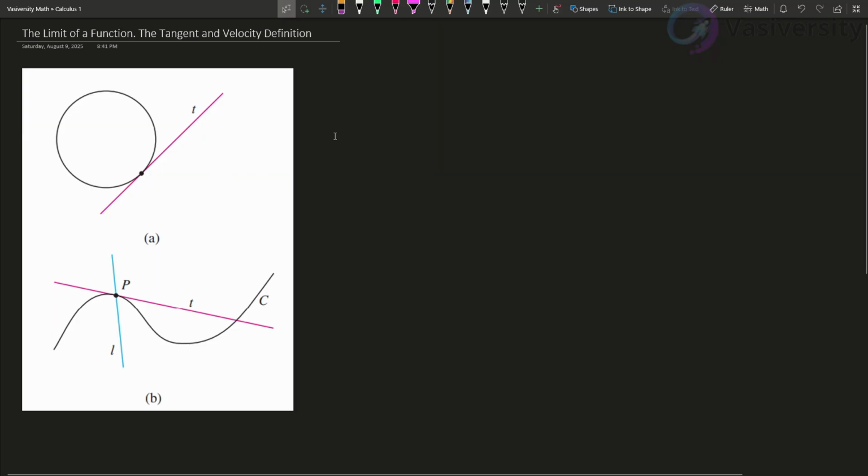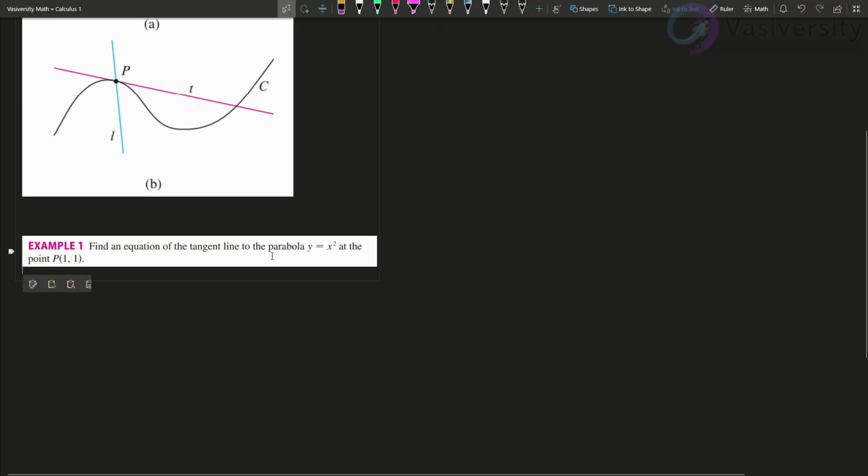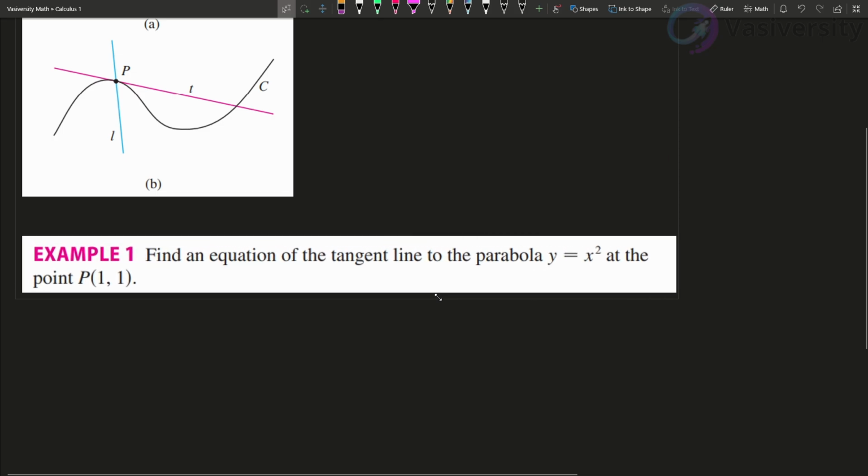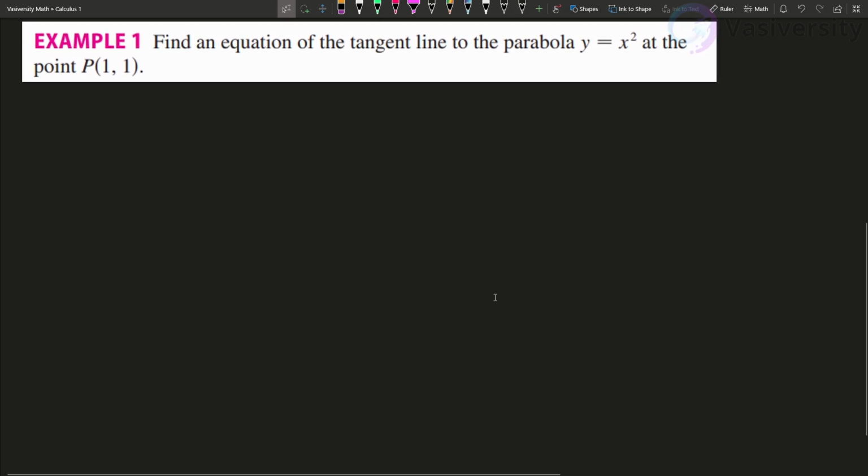Okay, so let's take a look at our first example. We want to find the tangent line to the parabola y equals x squared at the point (1, 1).